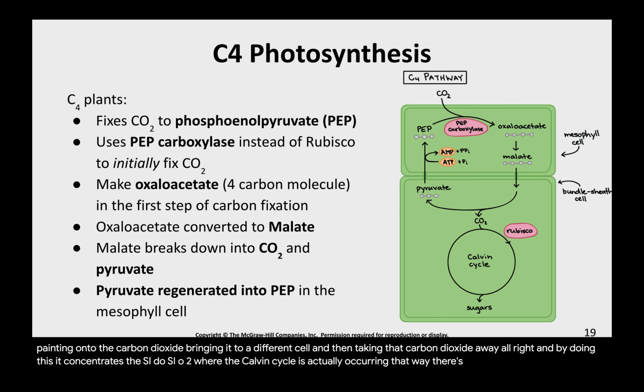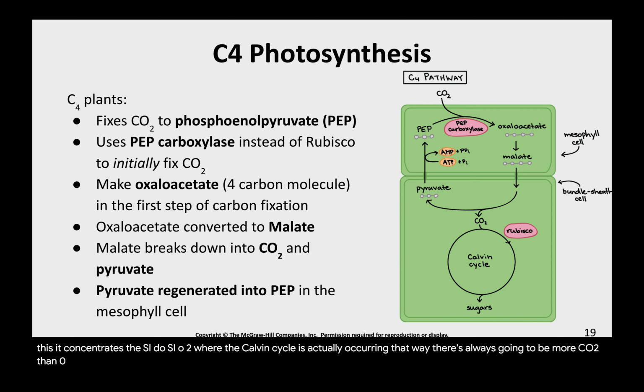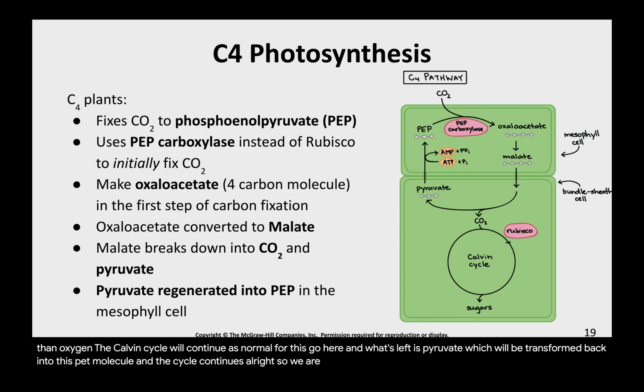That way there's always going to be more CO2 than oxygen. That reduces photorespiration. The Calvin cycle will continue as normal. We'll use Rubisco here. What's left is pyruvate, which will be transformed back into this PEP molecule, and the cycle continues. So we are spatially separating out where things happen.